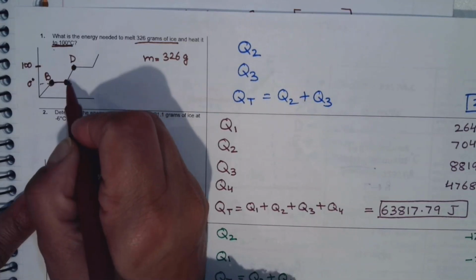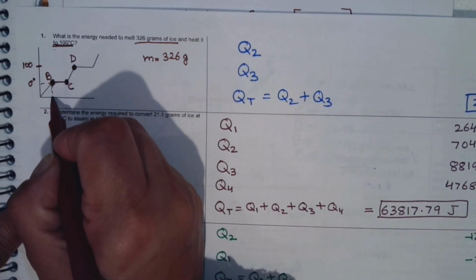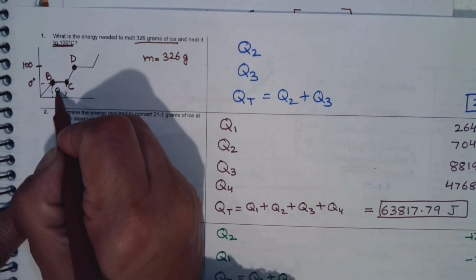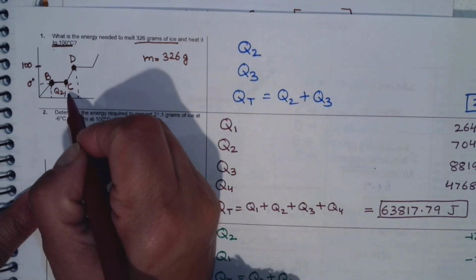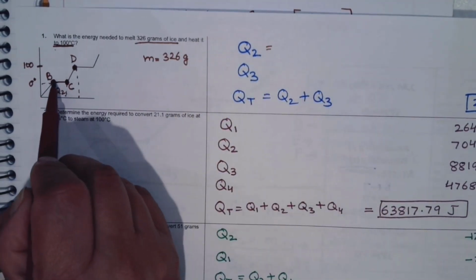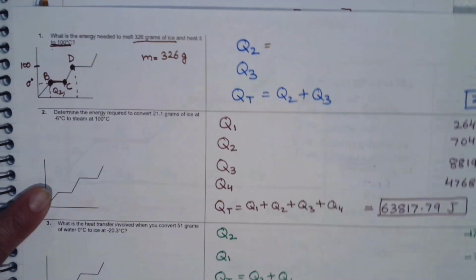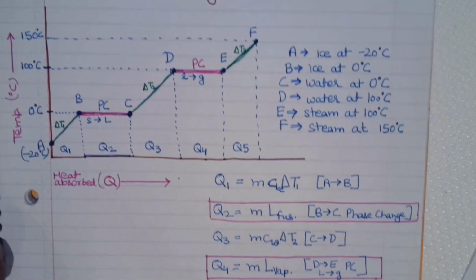Now this is a temperature change. Remember, this one was Q2. So you are solving for Q2 and then you are solving for Q3. Q2 is a phase change, B to C. Look, B to C is phase change.